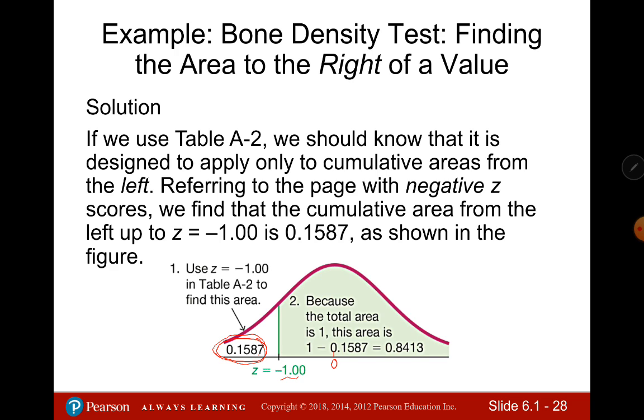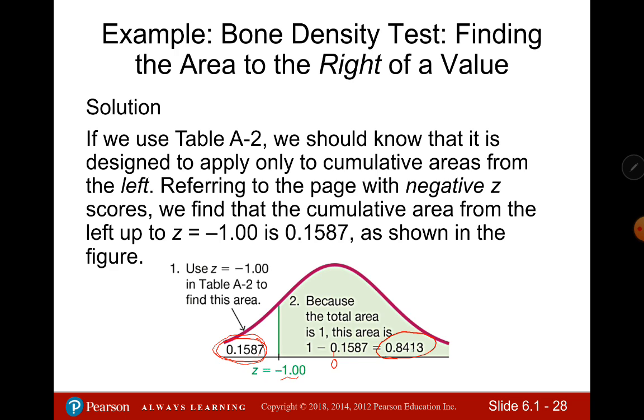Don't forget that important property of a density curve: the total area under the curve is always 1. So we can use the total area, 1, minus the area cumulative to the left to get the area to the right. So 1 minus 0.1587, we get this one.